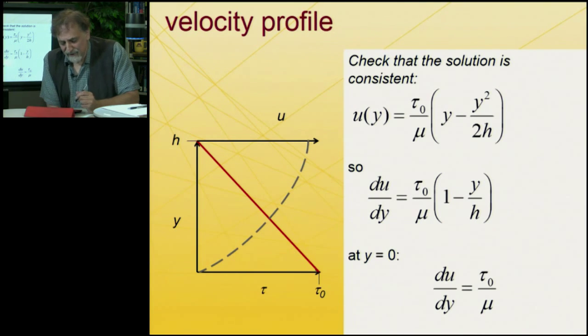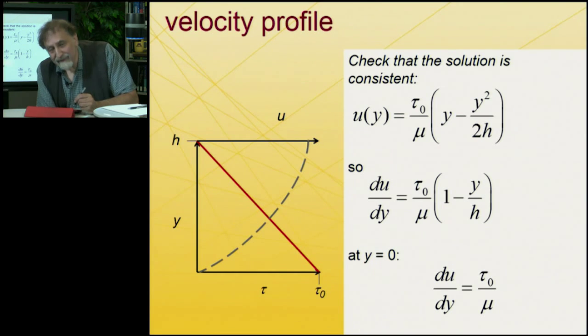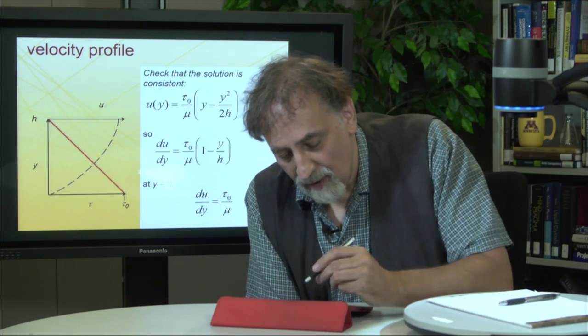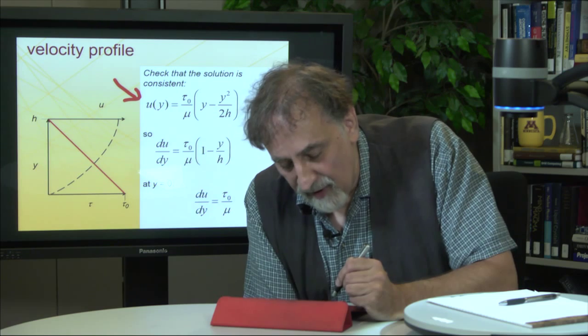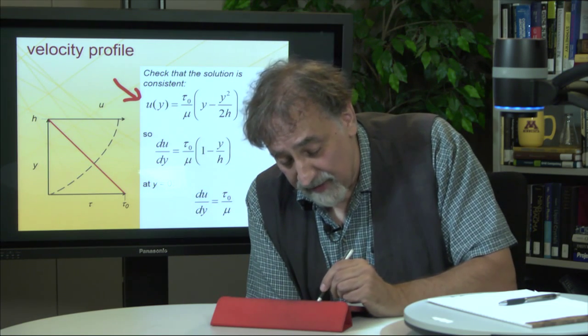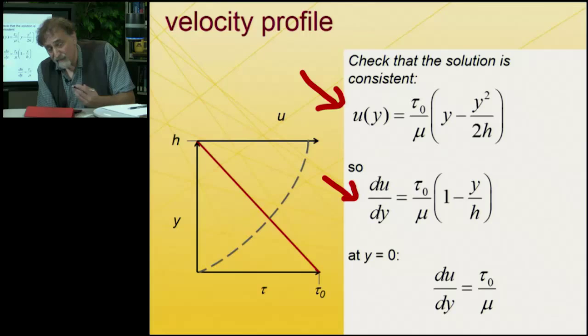Well, are we really done, though? It's always a good idea to check your math, to go back and make sure that the thing you derived is consistent with your starting point. So here's our velocity profile that we derived. An easy way to check it is just to differentiate it once so that we have an expression in du dy and make sure that du dy evaluates out to what we think it should at points where we know it.